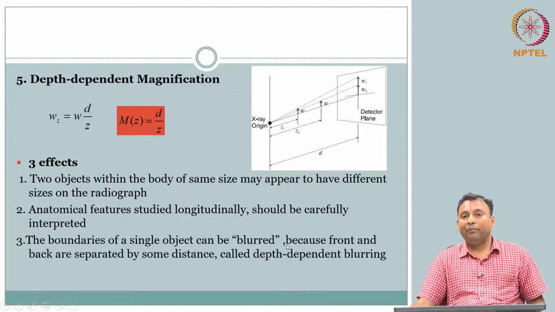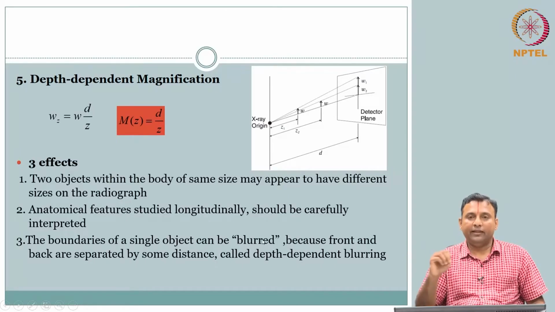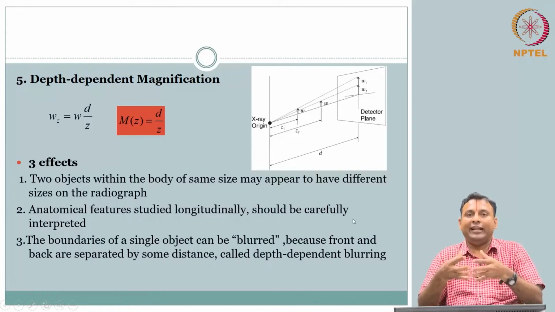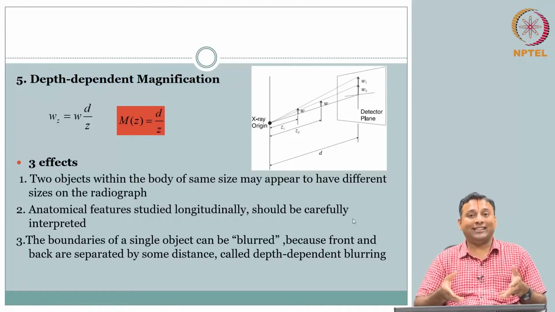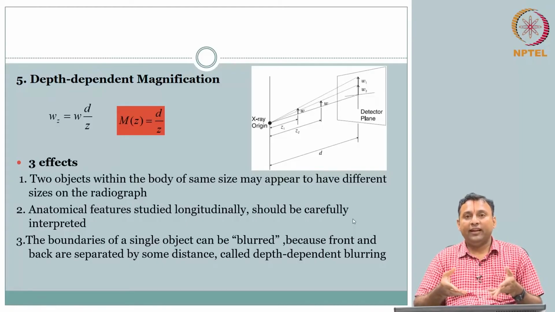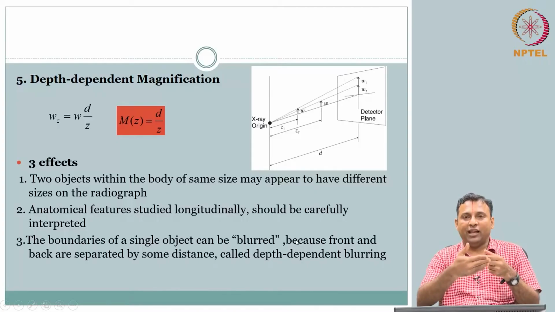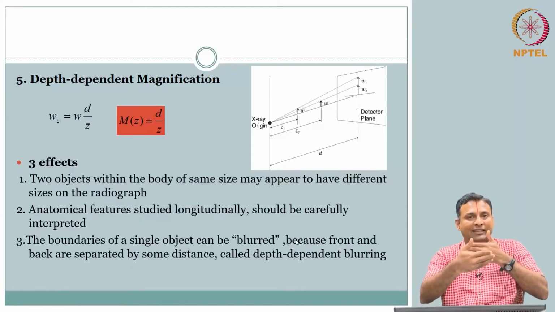Then there is this bigger problem: boundaries of a single object can be blurred. How is that possible? Because you have a 3D object, you have a front end, you have a back, right, there is a thickness, you talk about the slab. Now what this is saying is that the front face of the slab is at one distance and the back face of the slab is at another distance.